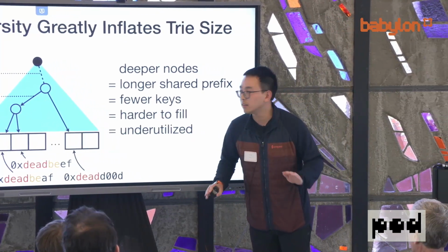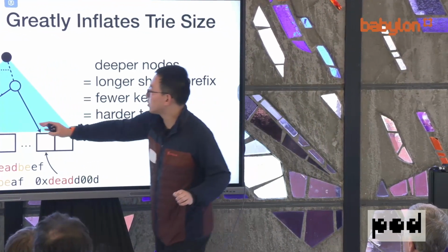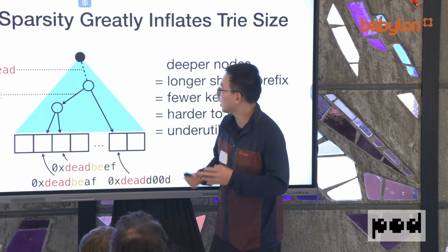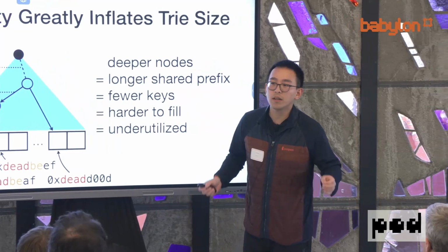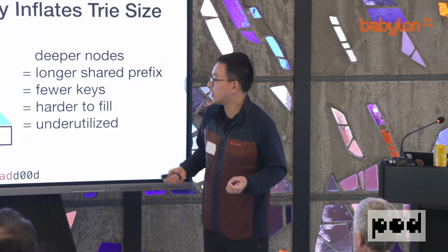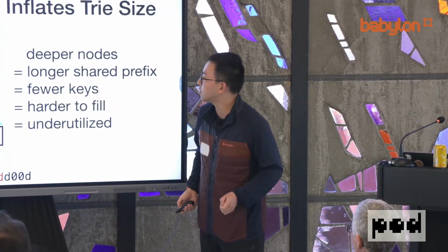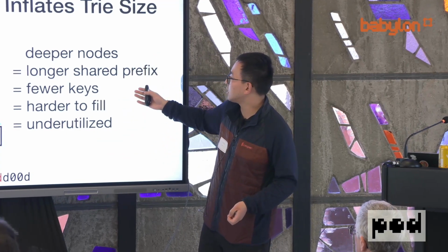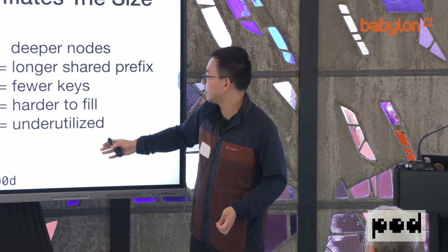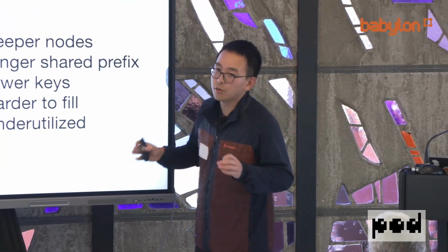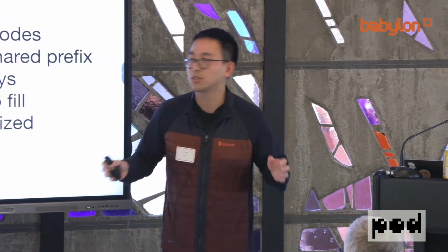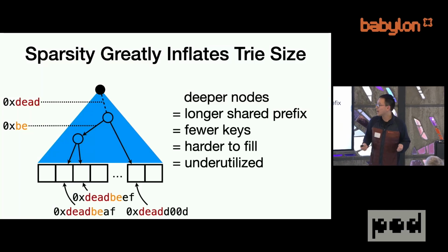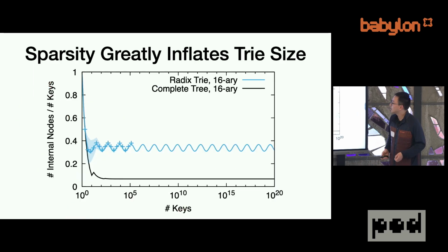So if you go deeper and deeper, the number of suitable keys you can find for a node becomes fewer and fewer, and at some point it will stop filling up all of its 16 possible children. So that's the logic flow. Basically, the deeper the node goes, the fewer keys it has, and the more underutilized it is. And the underutilization means that we have to find other nodes to provide for the capacity which it's not providing.